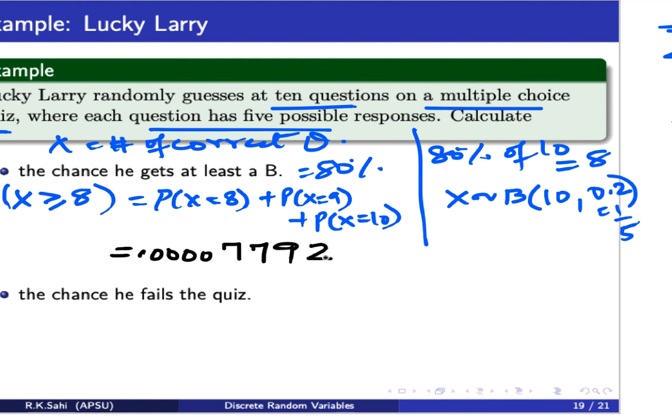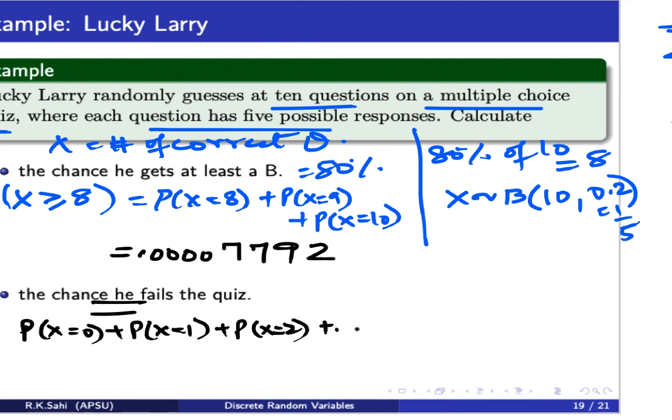0.407792. Now, what is the chance he fails the quiz? Failing the quiz means that you're getting less than 60%. So, failing the quiz simply means probability x is 0, or x is 1, or x is 2, ... or x is 5.